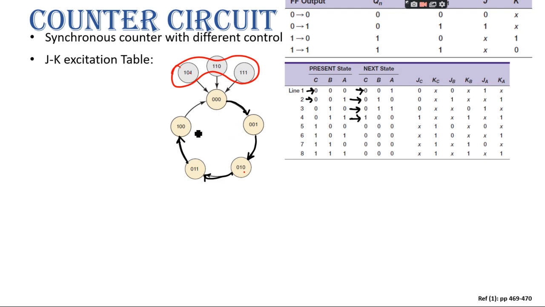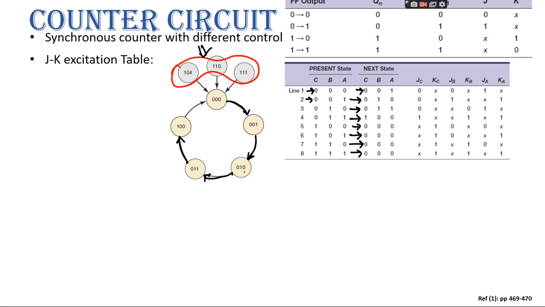When it is 4, the next state should be 0. When it is 5, 6 or 7, the next state should be 0. If these three are not given, we can put them as don't care, right? Yes, sir. They are not in use.